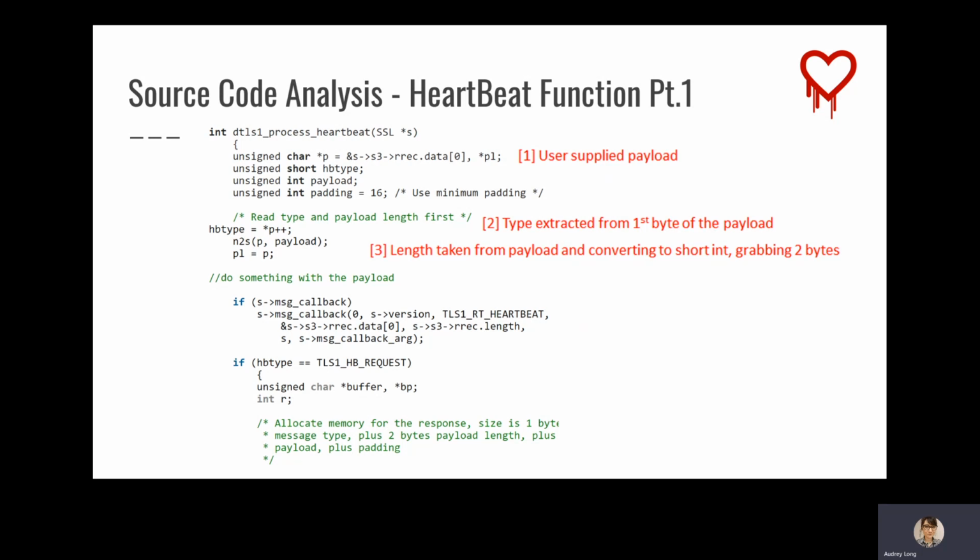Not only are comments useful for developers to understand what you're doing, it's also useful for reverse engineers to understand what you're doing as well. According to the comment, read type and payload length first, we can piece together that the first variable, HB type, which is located at that 2 over there, is taken from the first byte of the payload.